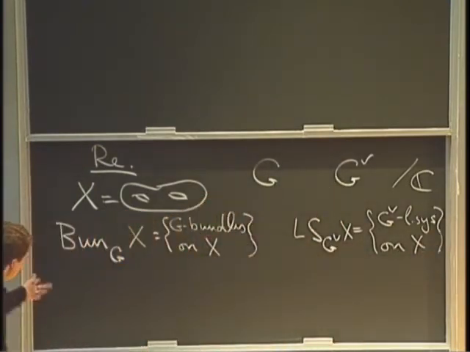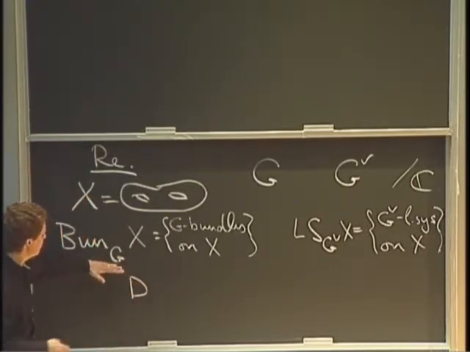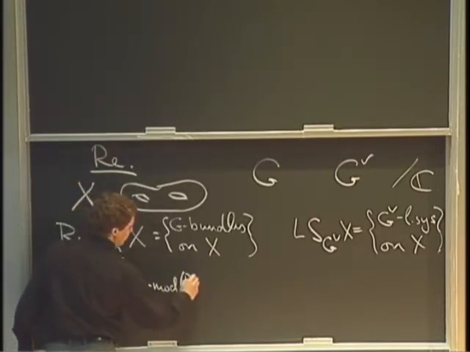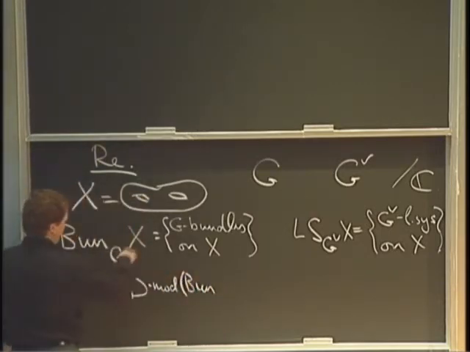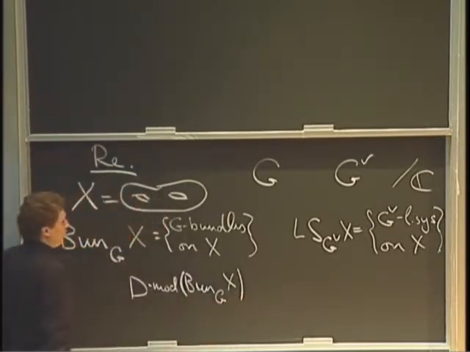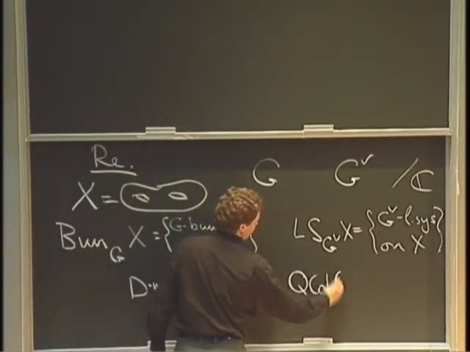And more precisely, we want to consider D-modules on G-bundles, so to say automorphic D-modules, and quasi-coherent sheaves on local systems.